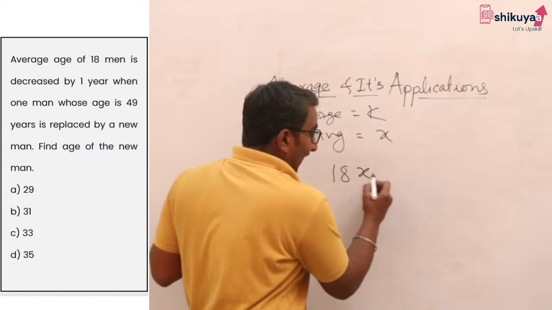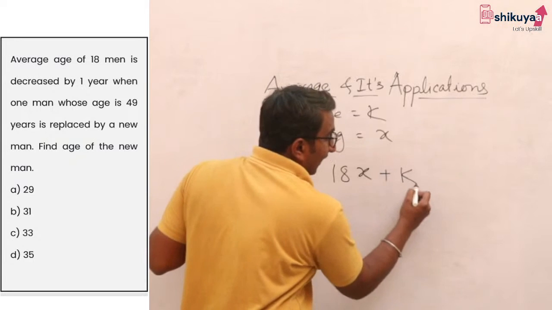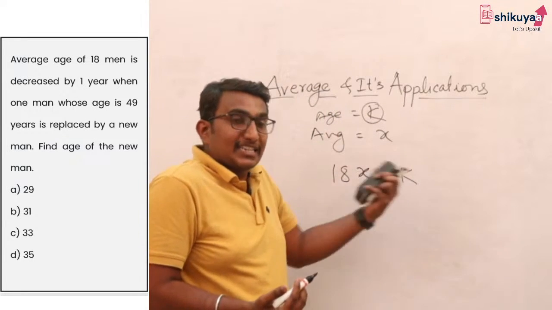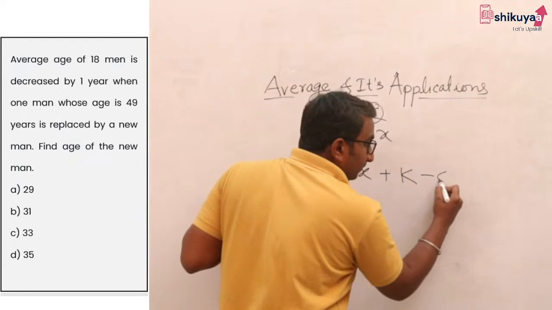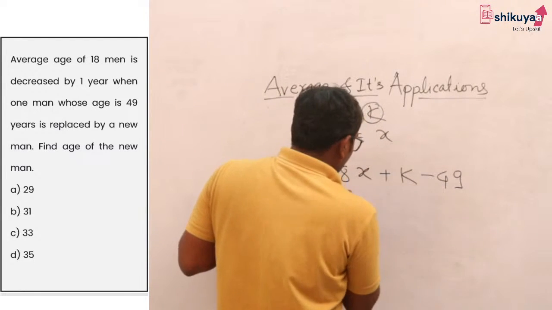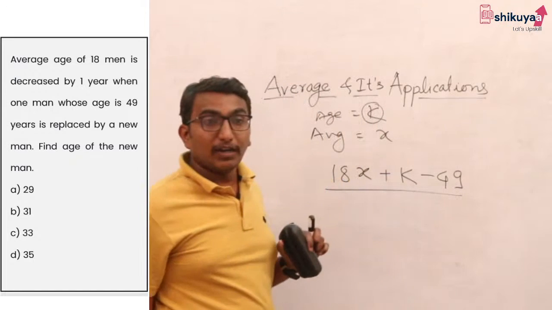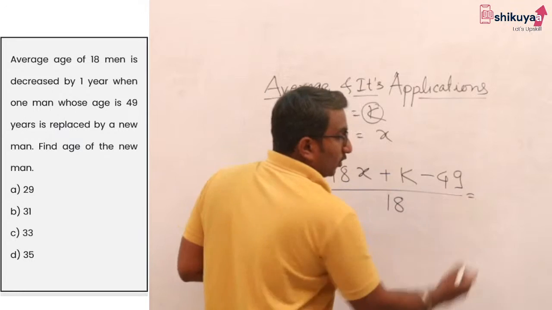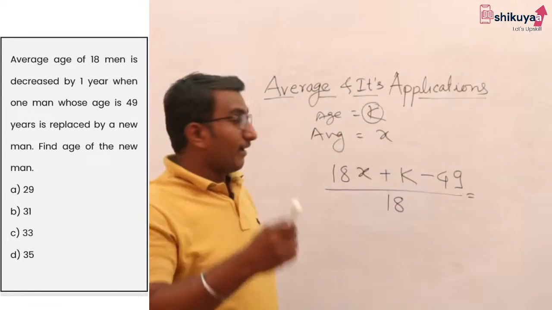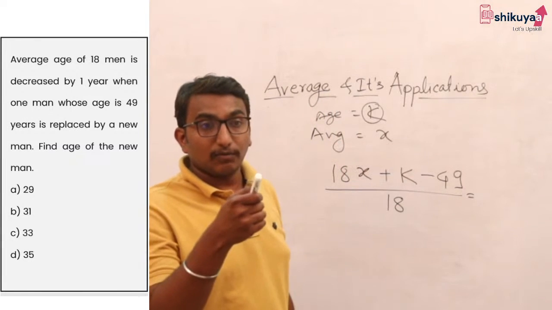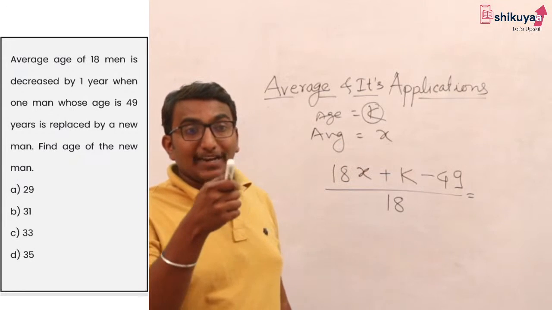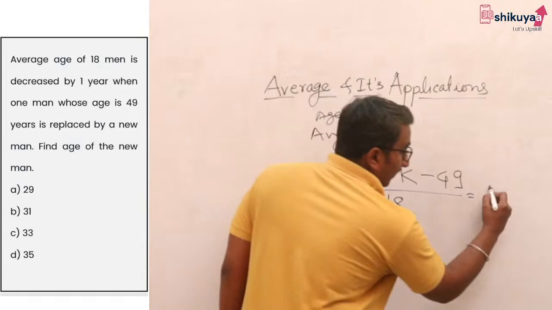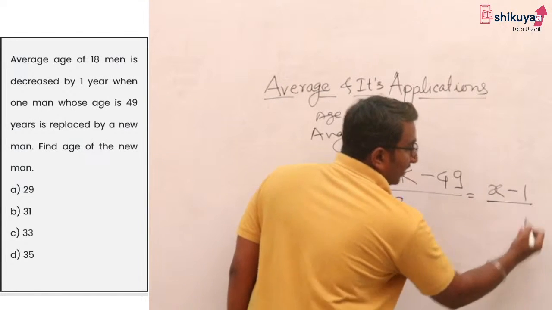So 18x plus k. k is for the man entering that particular set, minus 49, divided by the total number of elements, that is 18, which is equal to what? We have assumed the average to be x. What they have said is the average decreases by 1 year when this condition is satisfied. So let us write x minus 1 over here.